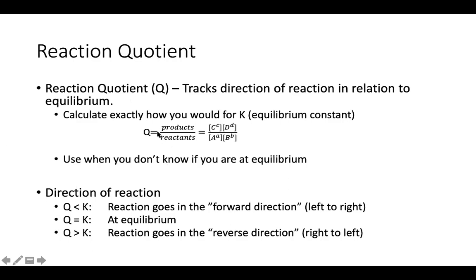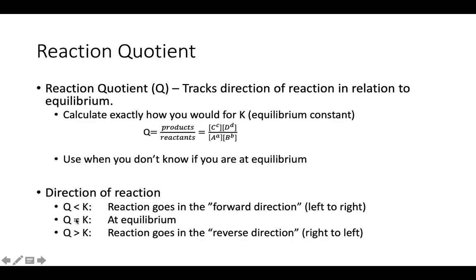Basically what it means, and remember Q generally means products over reactants, is that if Q is less than K, it's too small a number, meaning it needs to increase, and Q can increase by converting reactants into products. Q will increase by increasing the number of products we have, which is in the numerator. And so that can help you realize that if Q is less than K, I need more in the numerator, which means I need more products, which means I'm going in what is traditionally the forward direction, so that Q can eventually equal K.